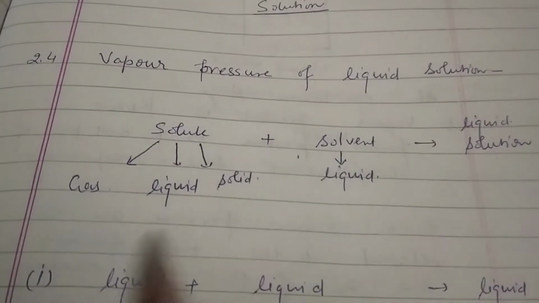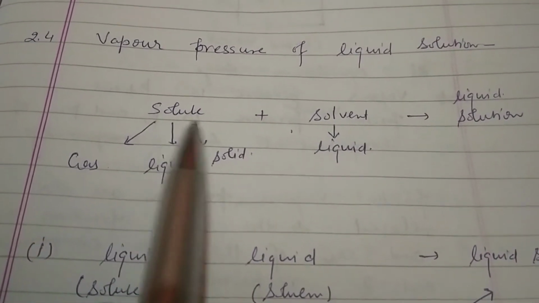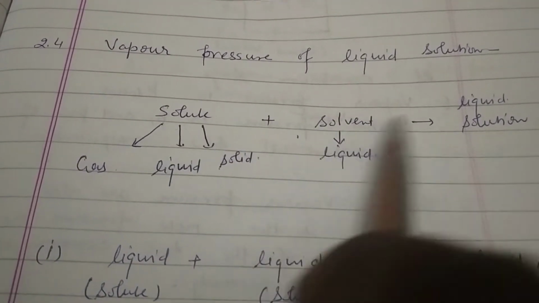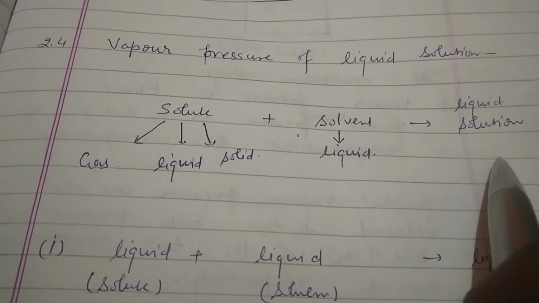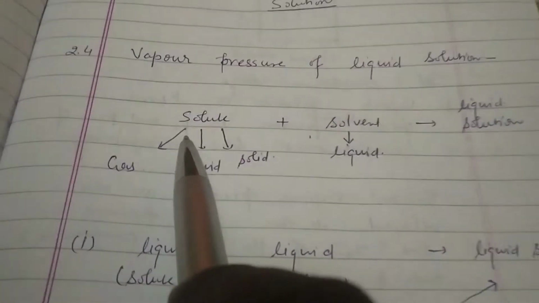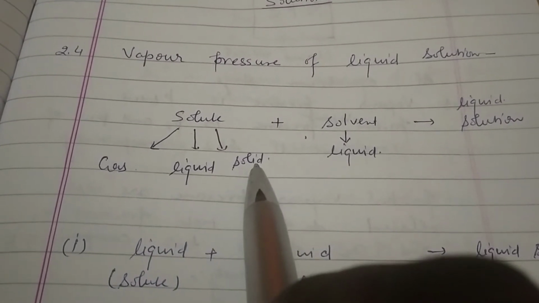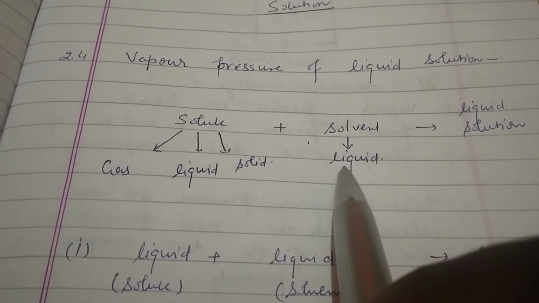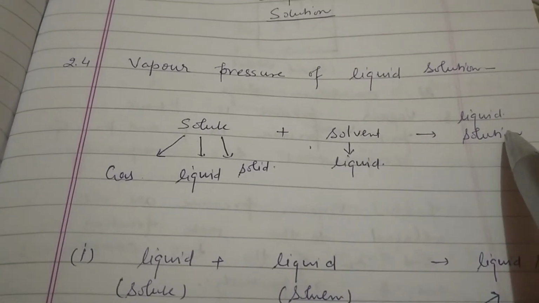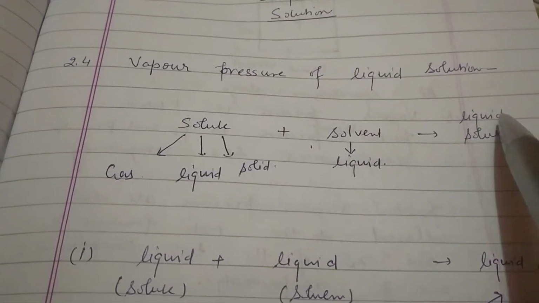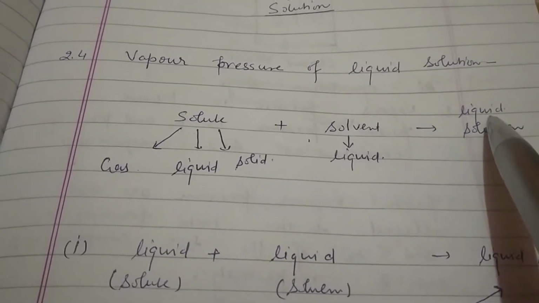First is the solute, and second is the solvent. Solute and solvent make a liquid solution. Solute particles may be gas, liquid or solid. The solvent is only liquid, and the formed solution is called a liquid solution, also called a binary solution.